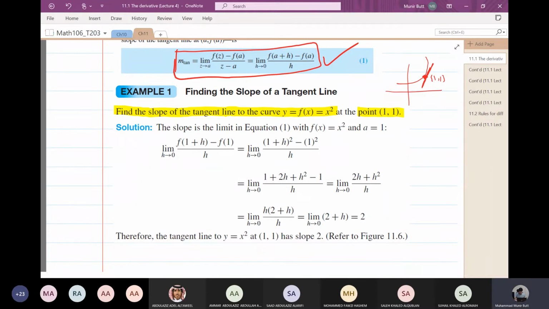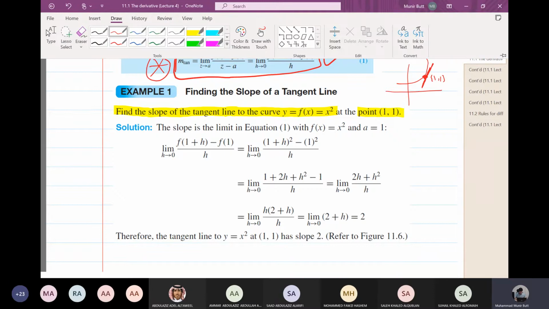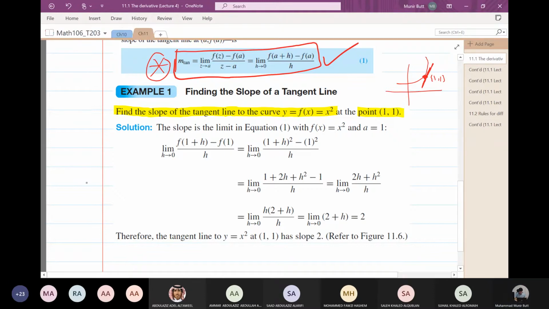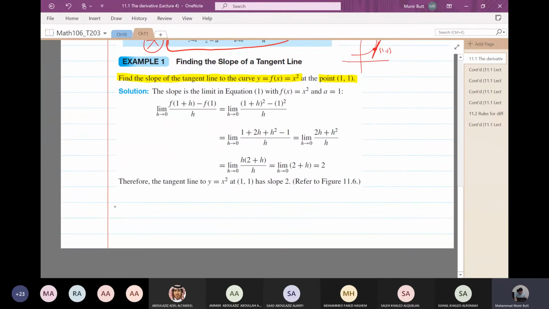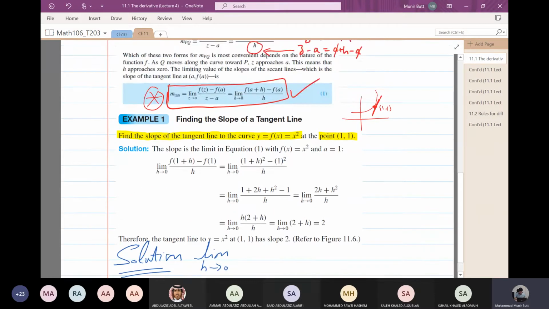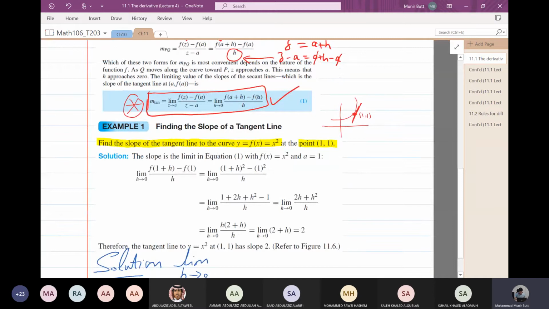Okay, now we start the solution. Since we know from here, which we called star, I will work out the solution a little bit here. The solution is already there, but I will just give you the hint. The solution was the limit as h approaches 0, or z approaches a, both are equal. So we will use this part.